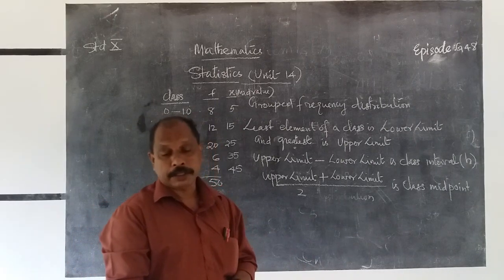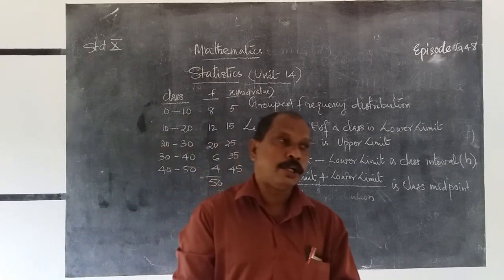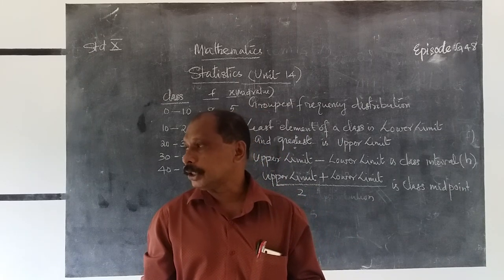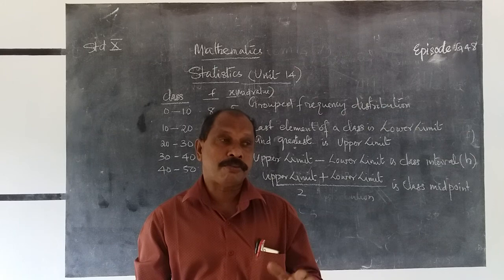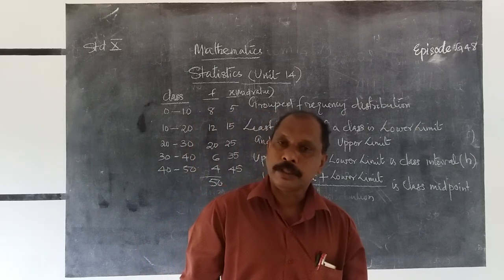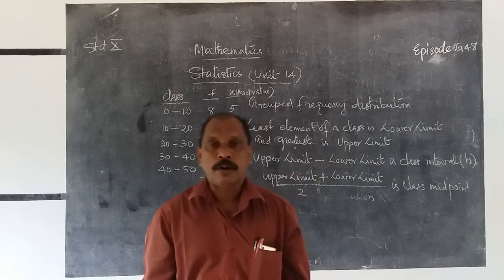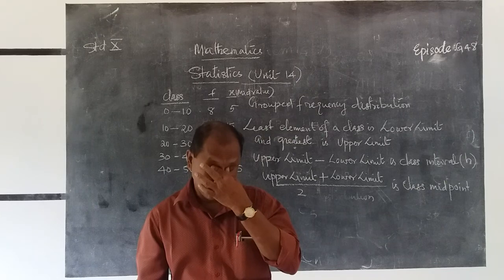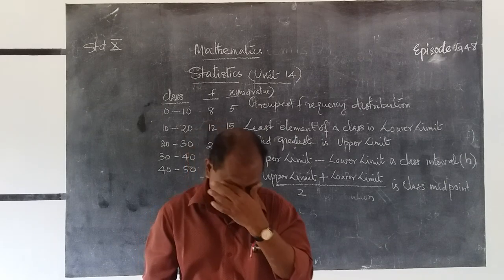Then we can convert all the numerical values into classes, and the frequency of a class is the number of items falling in that class. A group with the classes and their own frequencies is a grouped frequency distribution.